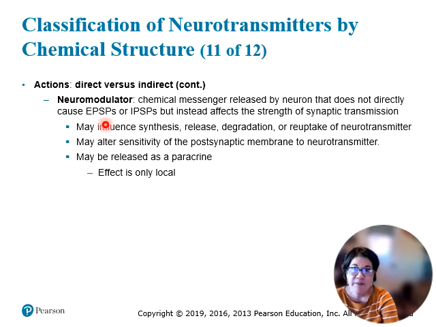And then you can have a neuromodulator, which doesn't cause excitatory or inhibitory effects, but it kind of turns up the volume, like it increases or decreases the strength of the transmission. It can influence synthesis, release, degradation, or reuptake of a neurotransmitter, can alter sensitivity of it, and can be released as a paracrine, which is where it acts on the same cell.